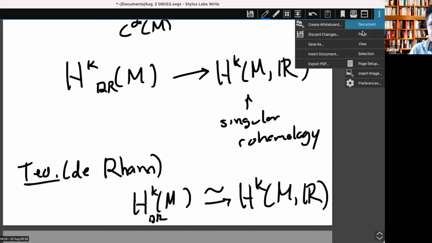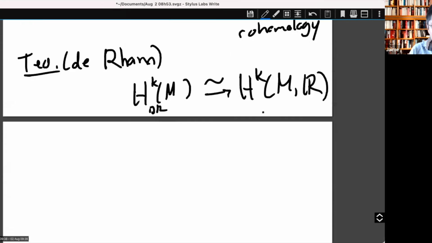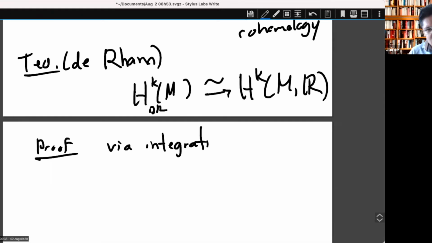And how do you prove this? I'm not going to say this, but there are several proofs. You can do this directly, but I'm not going to prove it. Just going to say that you can do it via integration. I mean, very basically, you can do it with just tools of differential geometry, or via sheaves, which is the more elegant proof.